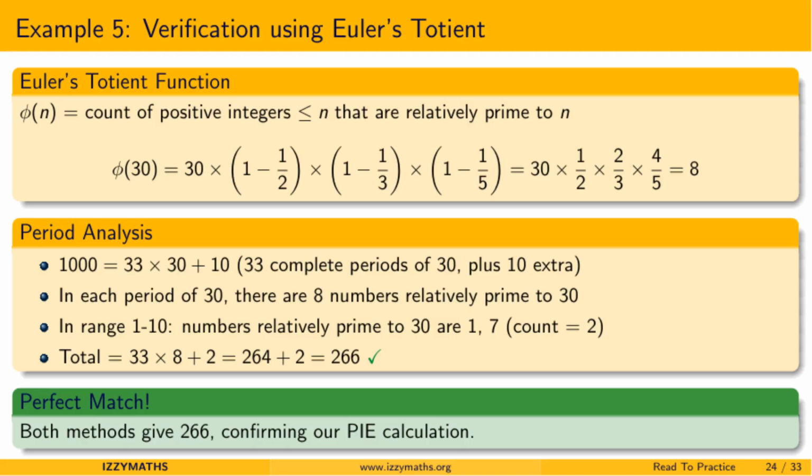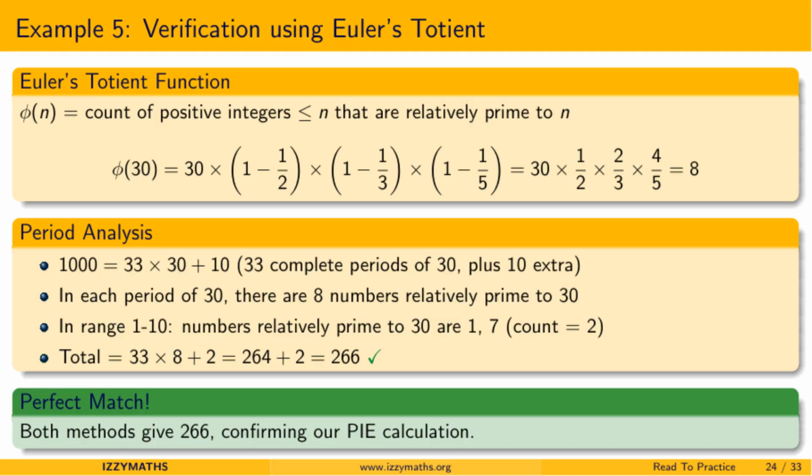Now for period analysis, 1000 equals 33 times 30 plus 10, meaning we have 33 complete periods of 30 plus 10 extra numbers. In each period of 30, there are 8 numbers relatively prime to 30. In the range 1 to 10, the numbers relatively prime to 30 are 1 and 7, giving us a count of 2.